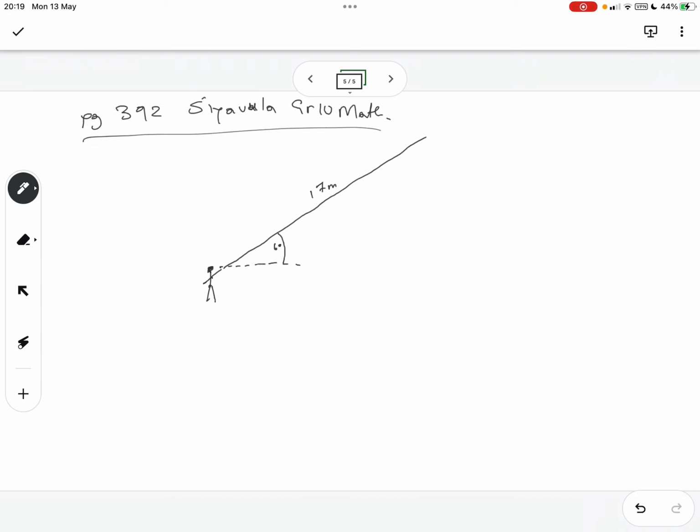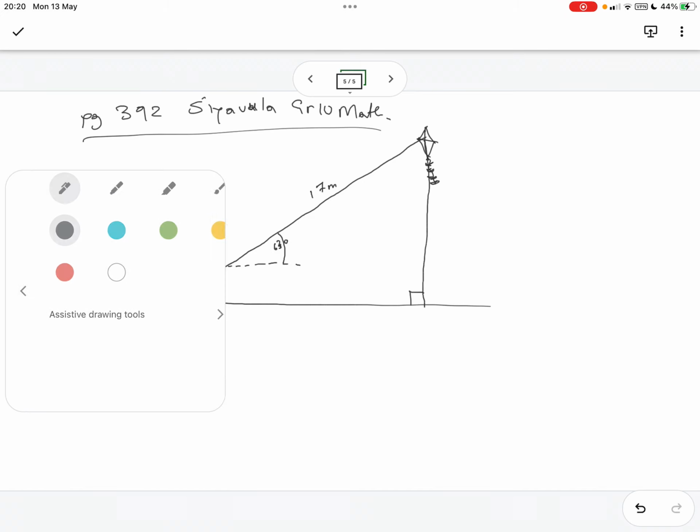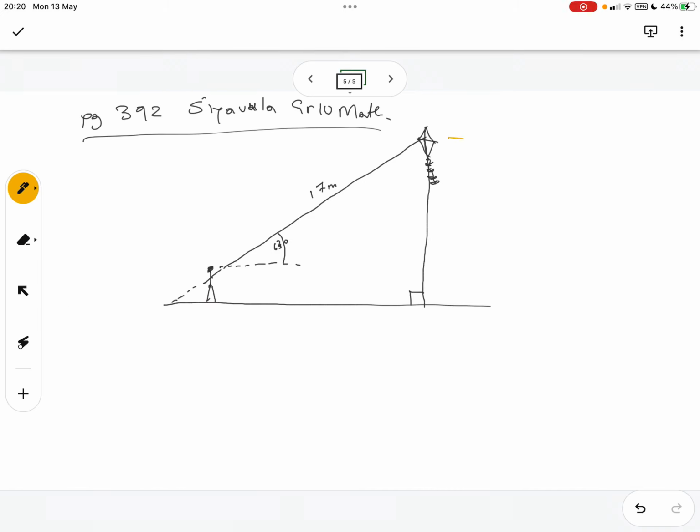And the inclination is 63 degrees, so the angle of elevation is 63 degrees. Somewhere there is his kite, and that's the inclination. So we need to find the height above ground.